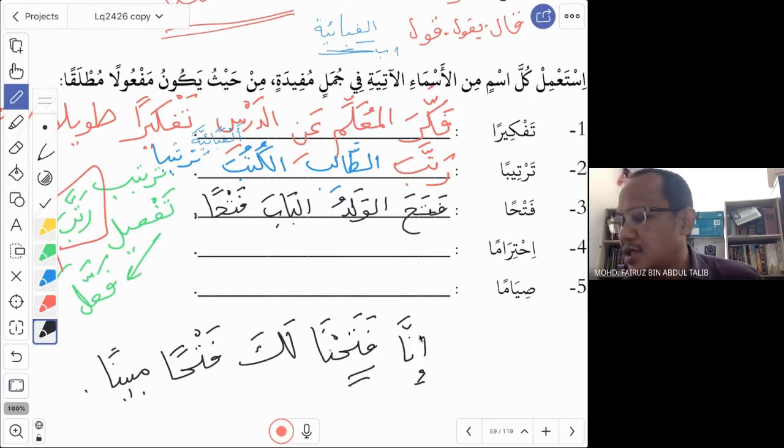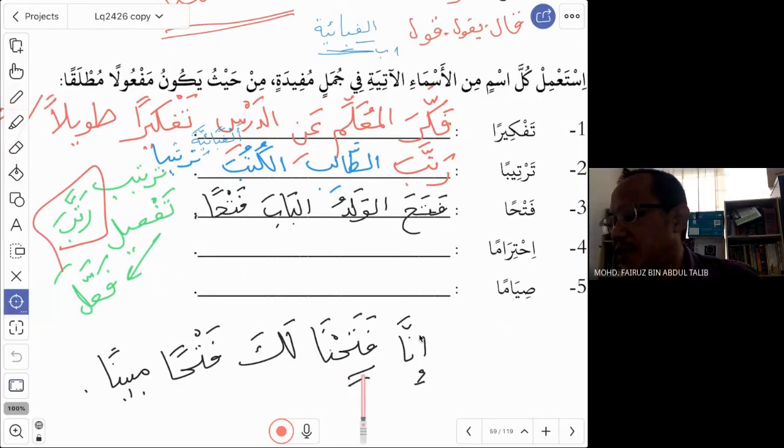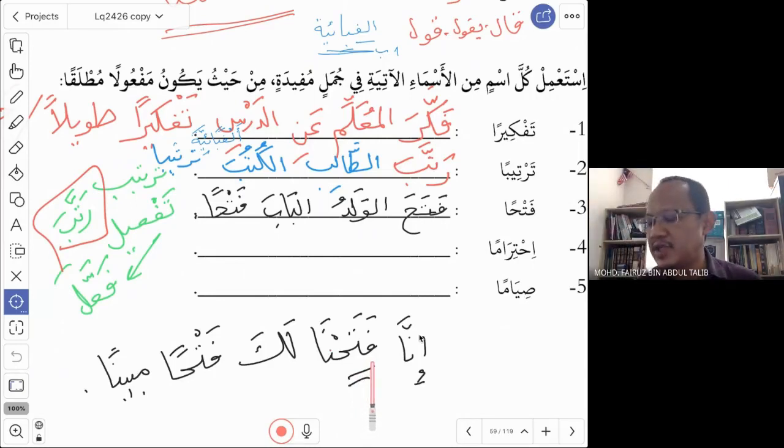Indeed we have opened for you, we have given you a victory. Another meaning of fataha is victory. To conquer is fataha as well. So we have made for you a victory, what kind of victory? Fathan mubina, a very clear victory. So this is also another example, but this is from the Quran.